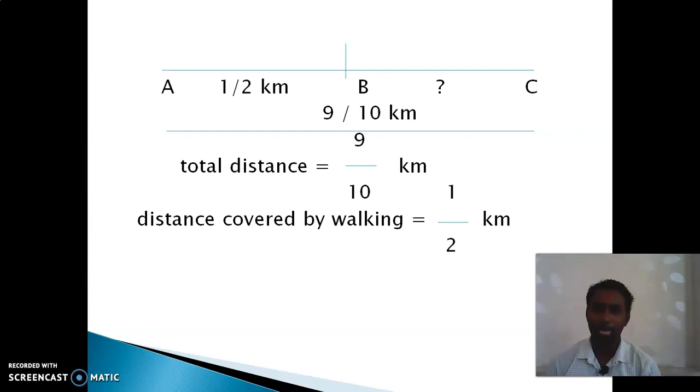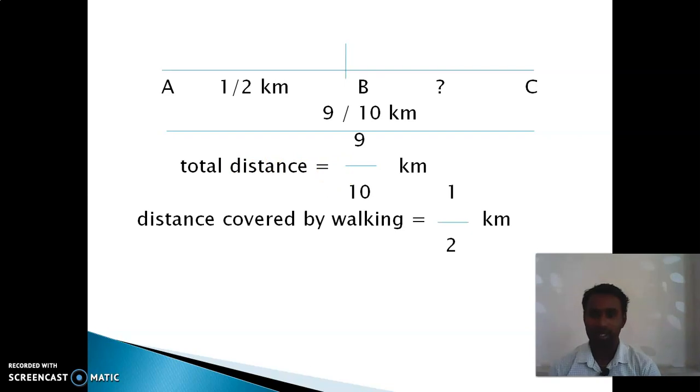In the same way here, for the total distance, instead of giving a whole number, they give a fraction, and here also they give a fraction. So the total distance AC they gave and AB they gave. So what about BC? We have to subtract from the total value minus this value. Am I right? So total distance is equal to 9 by 10 kilometer.